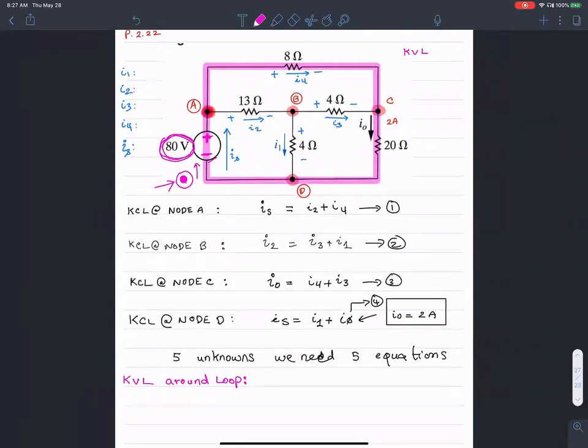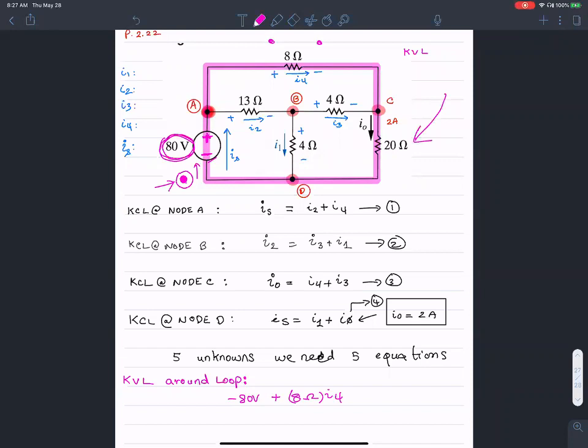So I see a negative sign there, so I begin with negative 80 volts, plus the voltage drop across this resistance, plus, because I see a plus here, 8 ohms times I4.